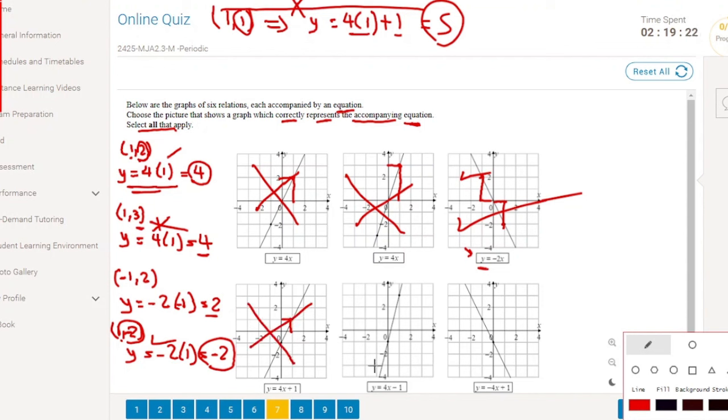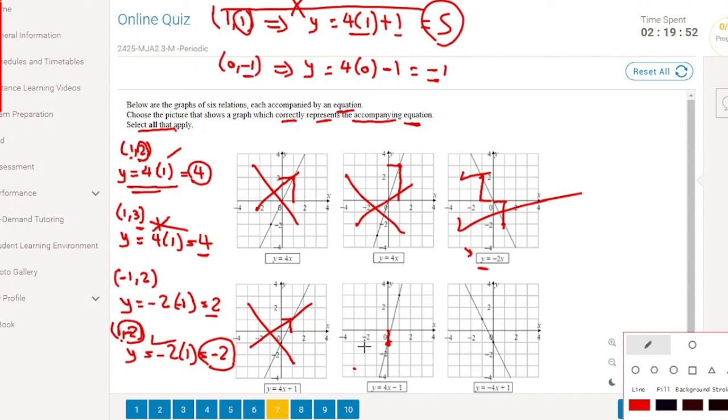For this graph, let's take a point which is 0 and minus 1. So point 0 and minus 1 will give us the equation y equal to 4 multiplied by 0 minus 1, which will be equal to minus 1. So they are equal.